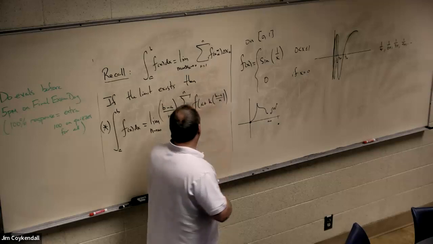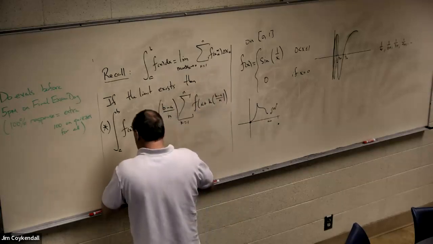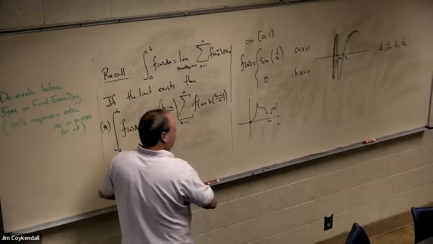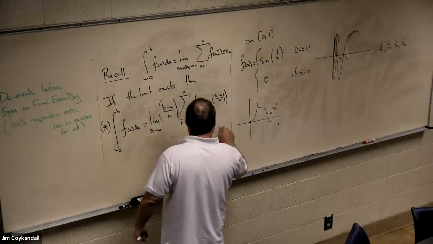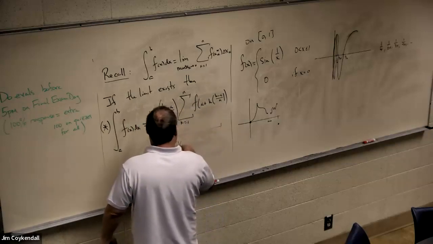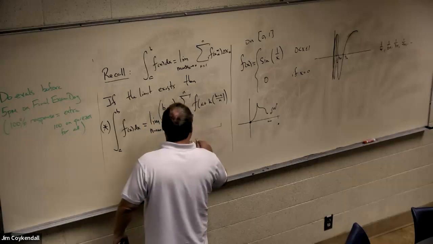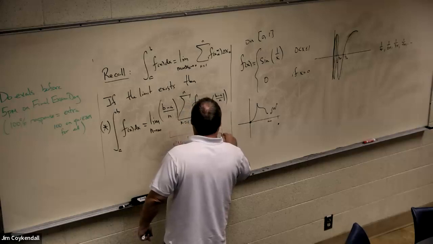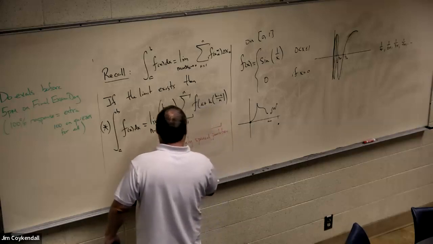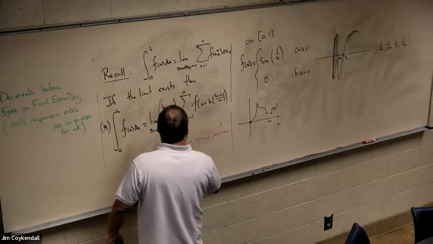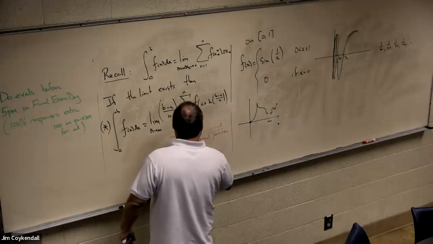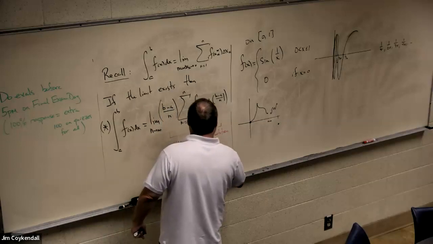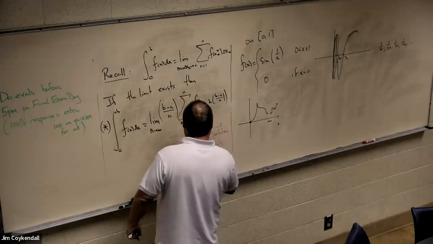This is evenly spaced. So where this comes from is, and I'm going to show you why it's true. Evenly spaced partition using right inputs to determine height.